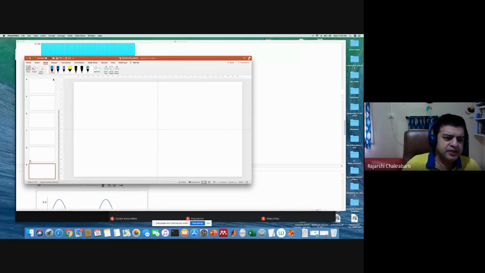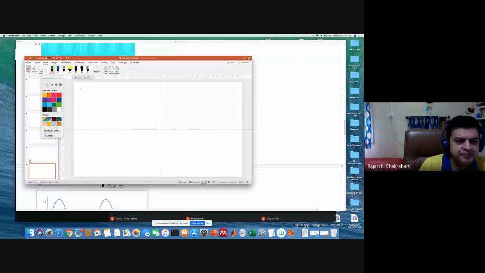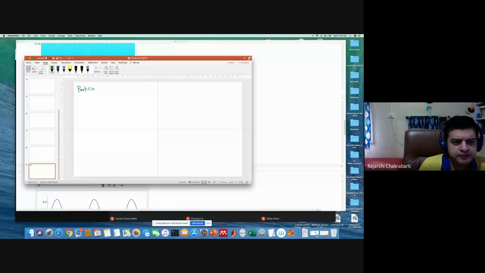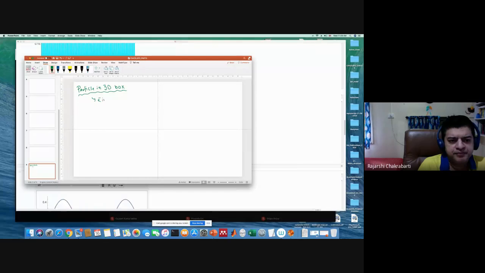This is quite important because when you do particle in a 3D box, you can relate it loosely to a problem, say electron in a metal. I am not going to do this problem in detail because I have done the 1D box in detail. So let me draw 3 axes.